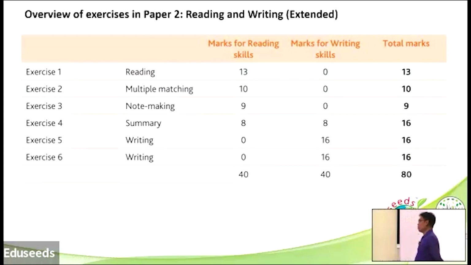Exercise 4 has marks for reading and writing, balanced, 8 marks for a total of 16. Exercise 5 tests your writing skills only for a total of 16 marks, and the same goes with exercise 6. All these together add up to 80 marks.